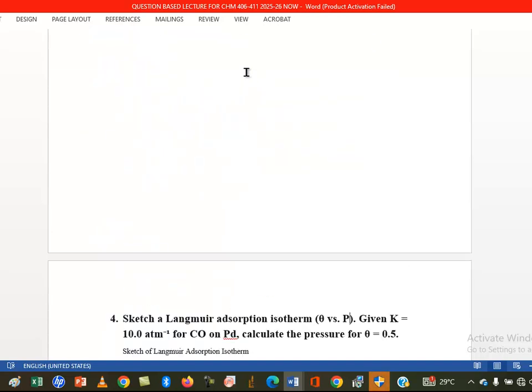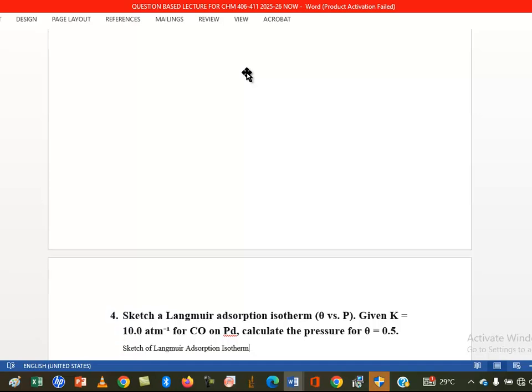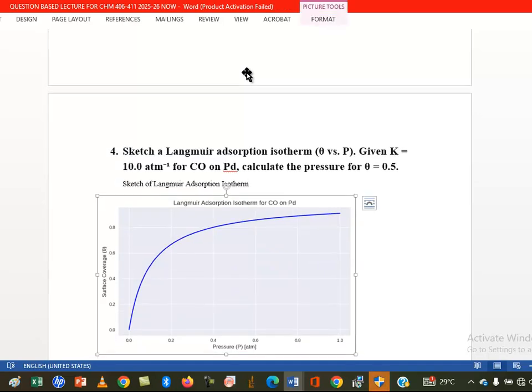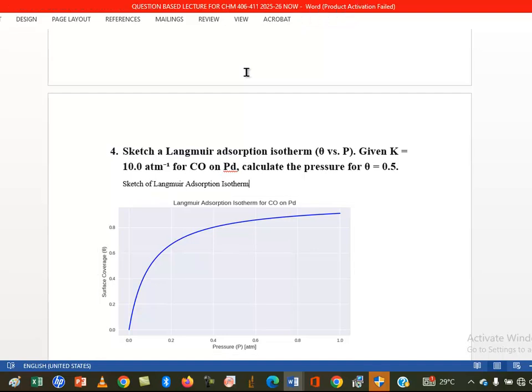Now sketch a Langmuir adsorption isotherm. Okay, so you have theta versus P, given K is equal to 10 per atmosphere for carbon monoxide on palladium. Calculate the pressure for theta equals 0.5.